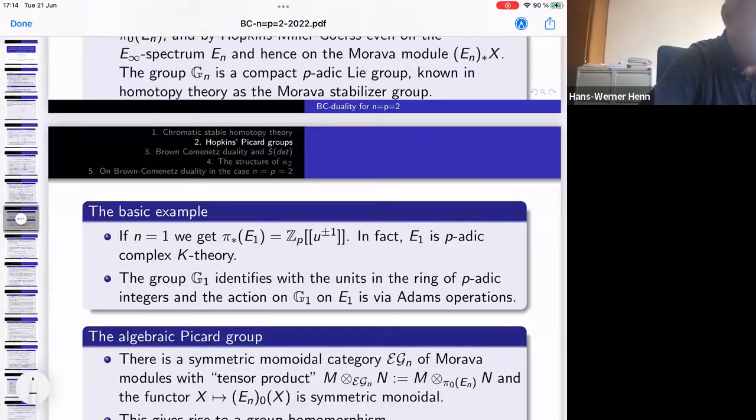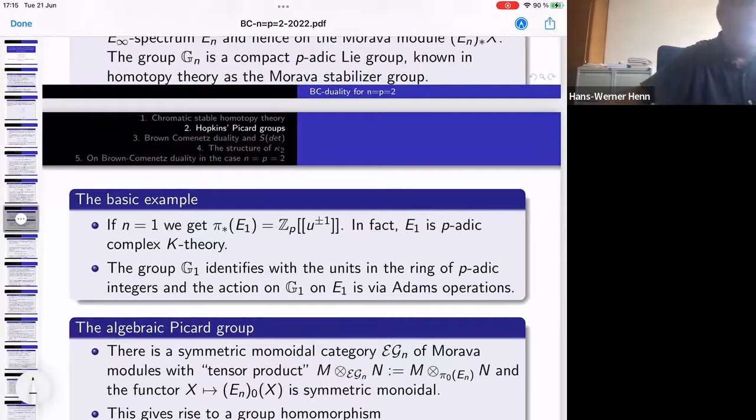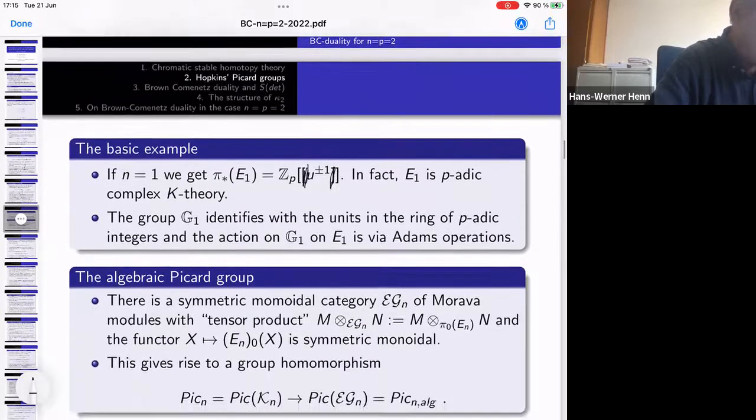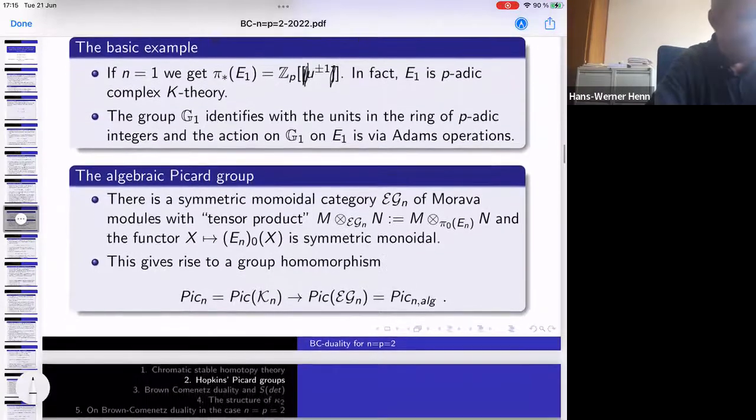So its coefficients are given by, that's not a power series ring, it's a graded power series ring, so the graded power series ring and the graded polynomial ring are the same, but I mean, these double brackets are sort of also a typo. The group G1 in that case identifies with the units in the ring of p-adic integers, and the action of G1 on E1 is via Adams operations.